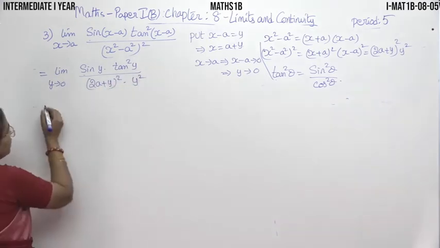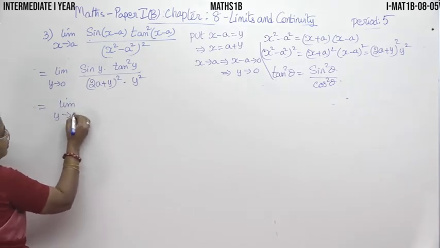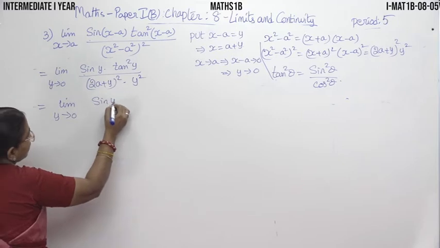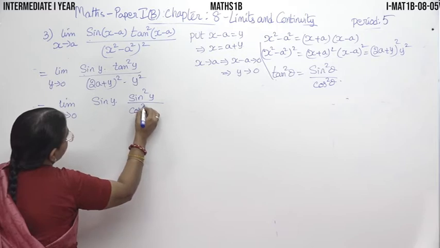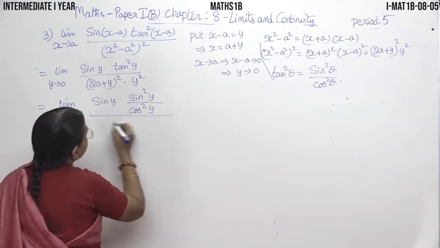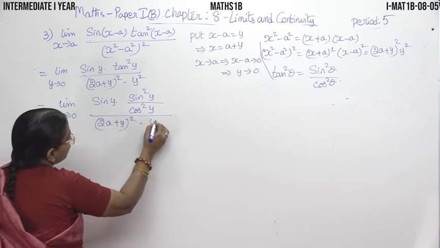Now we'll convert tan square y to sin and cos. So sin y into sin square y by cos square y, by 2a plus y whole square into y square.